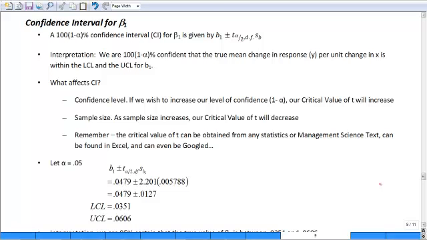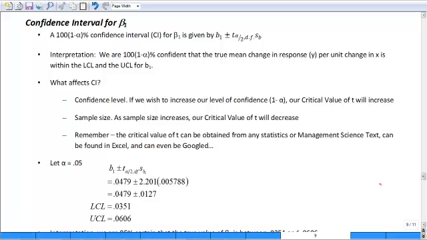If we are willing to take a large value of alpha, say a 90% confidence interval, our range is going to be fairly small. The second thing that will affect the confidence interval is the size of the sample. As sample size increases, the critical value of t is going to go down. The estimate for the standard error is going to go down as well because we've got more information.